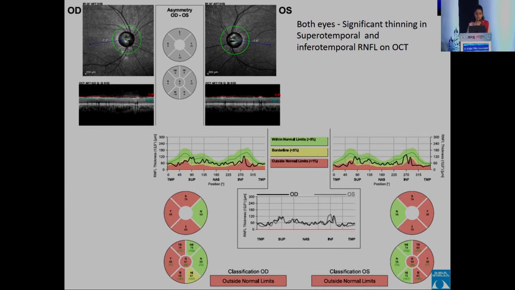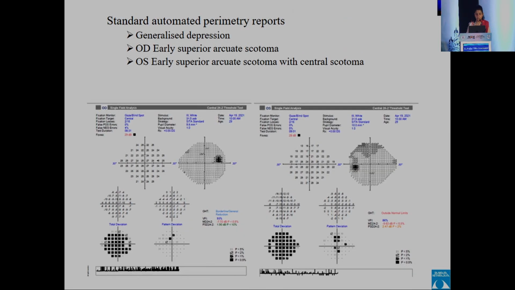In this case, again on OCT RNFL showing bipolar thinning, wherein we expect the fields to show a very advanced damage, but when we do this, we have a generalized depression with very early arcuate scotomas, which we cannot directly correlate with the structure that we see clinically or on investigations.